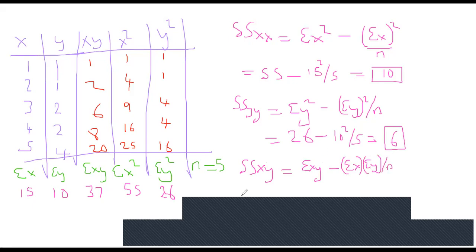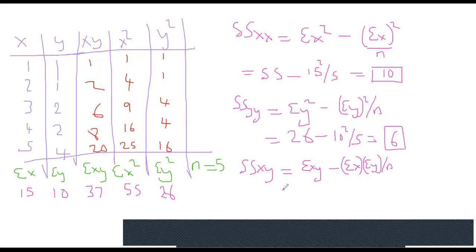In this case, summation of xy, we have what? 37 minus 15 times 10 over 5. Here we're going to have a 7. So these are some of the preliminary calculations you could have to confirm.